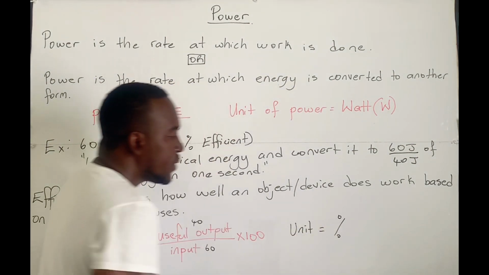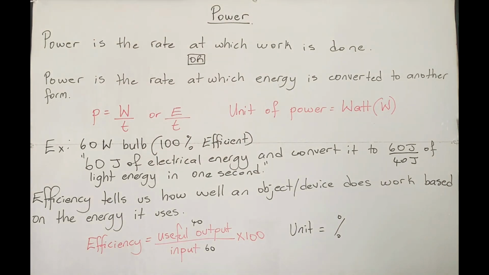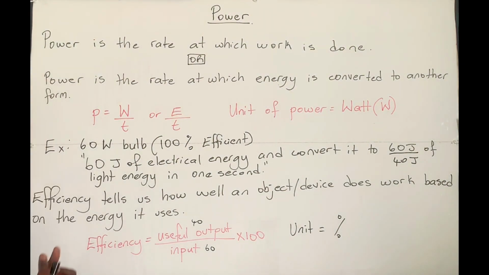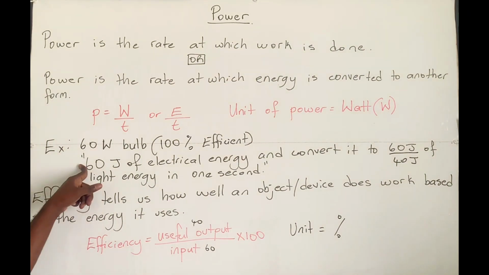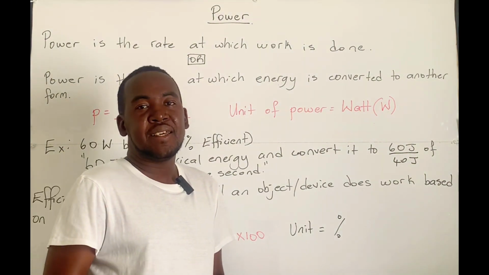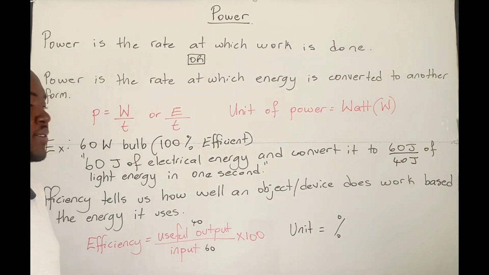So the unit would be percentage. If we say that something is 80% efficient, that means it's going to use 80% of what is given to do what it is meant to do, and then 20% of it is lost as waste.